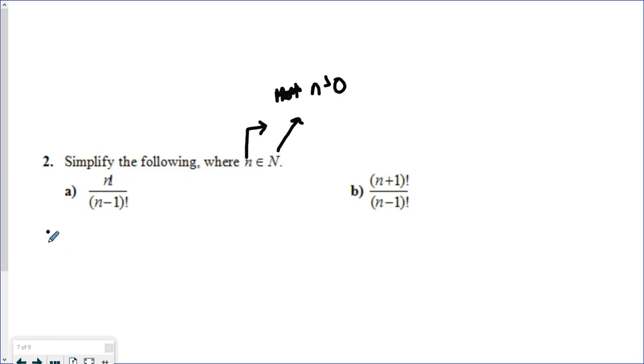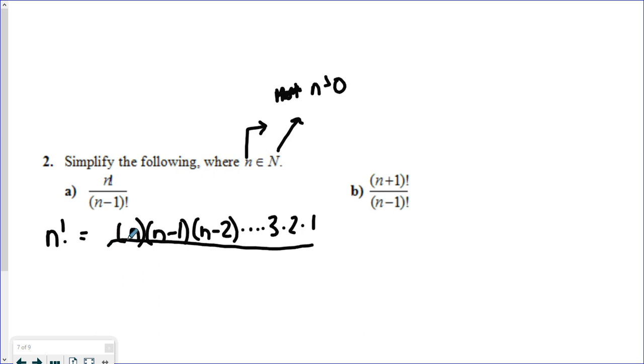So n factorial, I did this on the last page, we could rewrite as n times n minus 1, put brackets around all of it, times n minus 2, all the way down to 3 times 2 times 1, depending on what n is. N minus 1 factorial we could rewrite as n minus 1 times 1 less than that, right? 1 less than n minus 1 would actually be n minus 2.